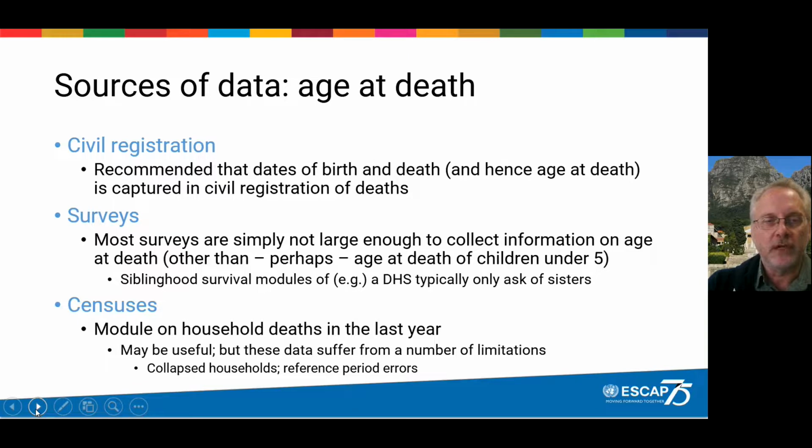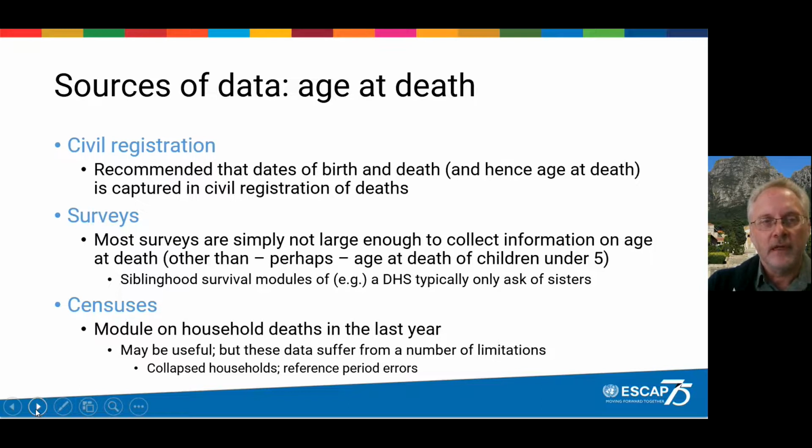This is unfortunately beyond the scope of this training workshop, but if using data from a sibling survival module from a DHS, it is incumbent for the analyst to understand what the potential sources of bias and error in those data might be.